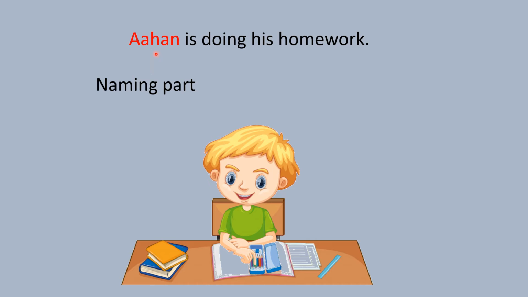Ahan. Ahan is a naming part because it tells you the name of the boy Ahan. Is doing his homework is the telling part. It is telling you what Ahan is doing. So you see, a complete sentence always has a naming part and a telling part.